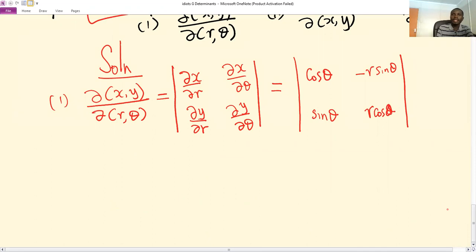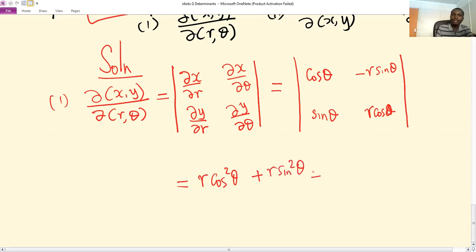Now this is just a 2 by 2 determinant, so it should be easy to calculate. Cos theta times r cos theta is r cos squared theta. Minus times minus will be plus, sin theta times r sin theta is r sin squared theta.